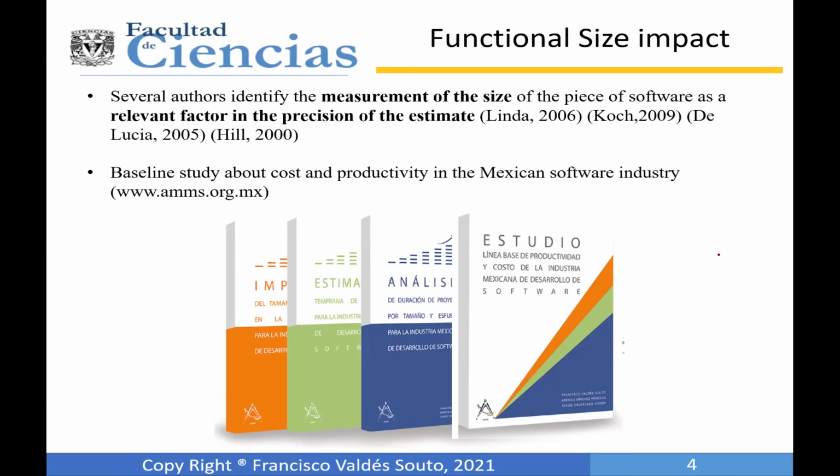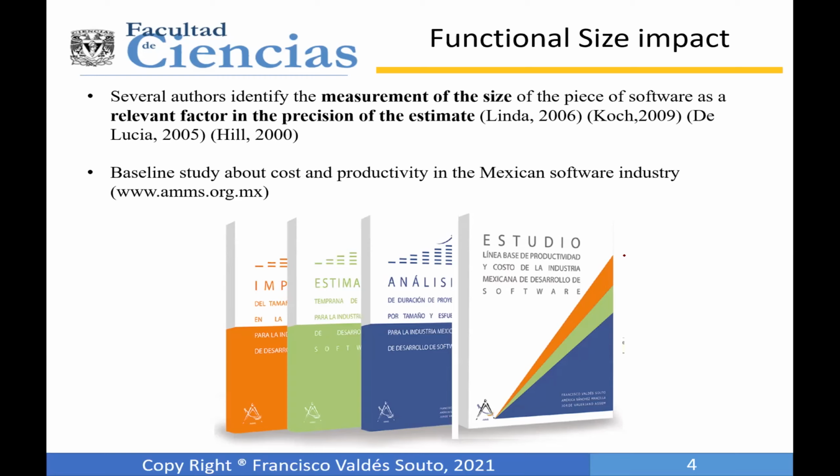Last year, we presented a talk at ISBSG 2020 where we compared some studies that we developed with data in Mexico against the ISBSG data, and I showed that the behavior is pretty similar.